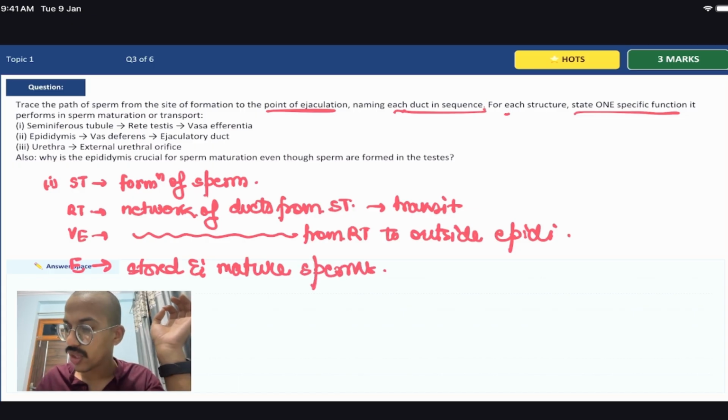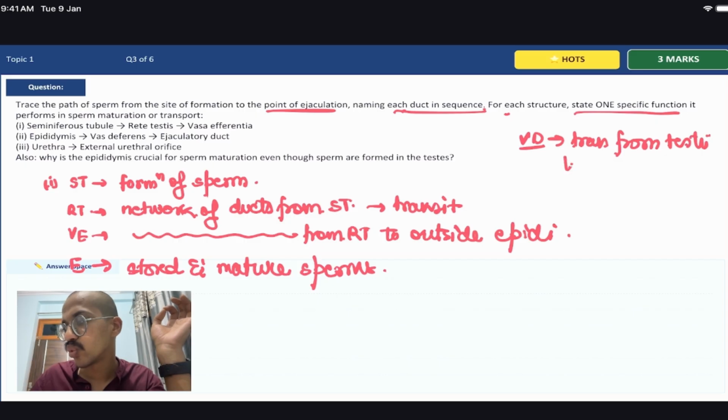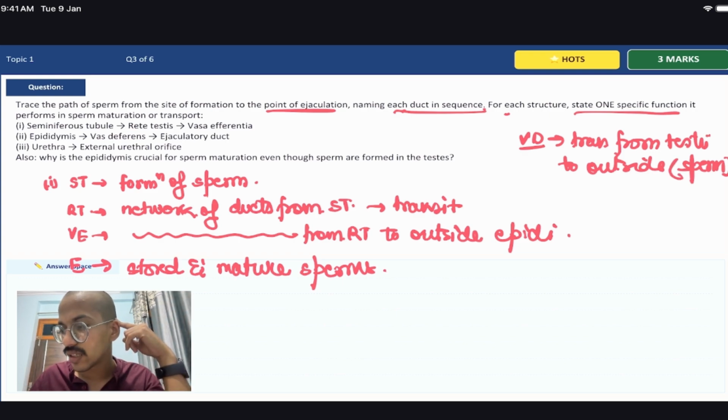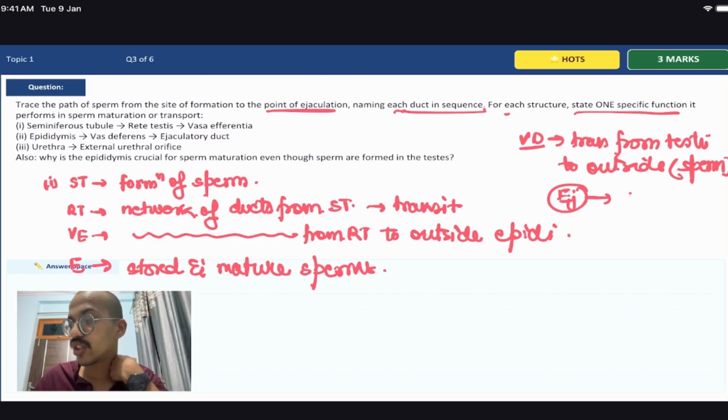Moving on, then the vas deferens. What is the role of this? It transports sperms from the testes to outside, into the accessory duct. Next is the ejaculatory duct. It has the secretion of the seminal vesicle plus the vas deferens, so it is made up of this.